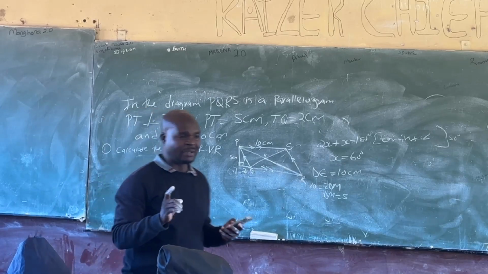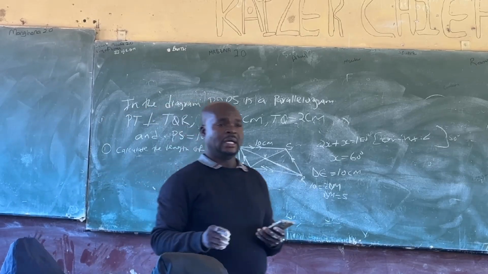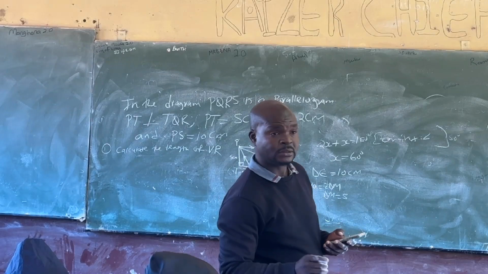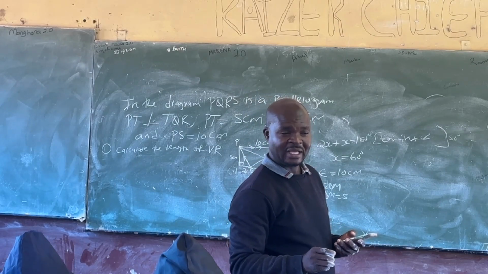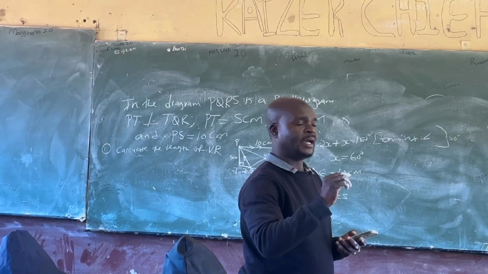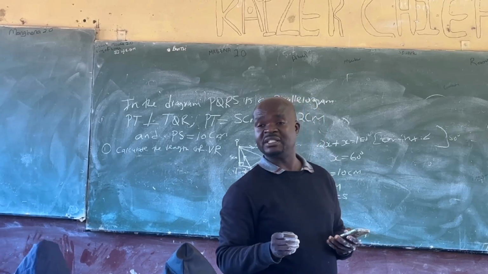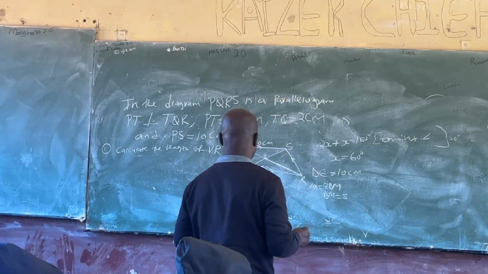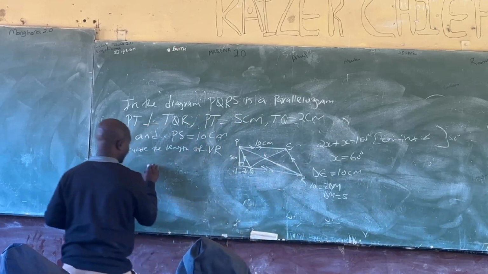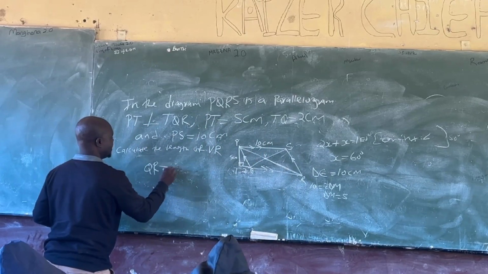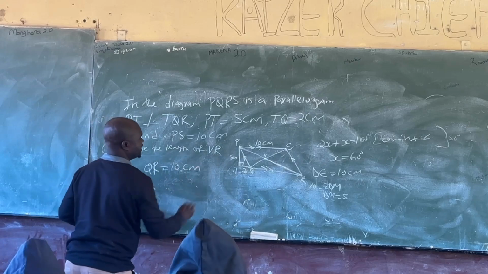Another property of the parallelogram, it says the diagonal lines bisect. And again, the opposite sides are parallel and they are equal. Which means the answer QR is also 10 centimeter.